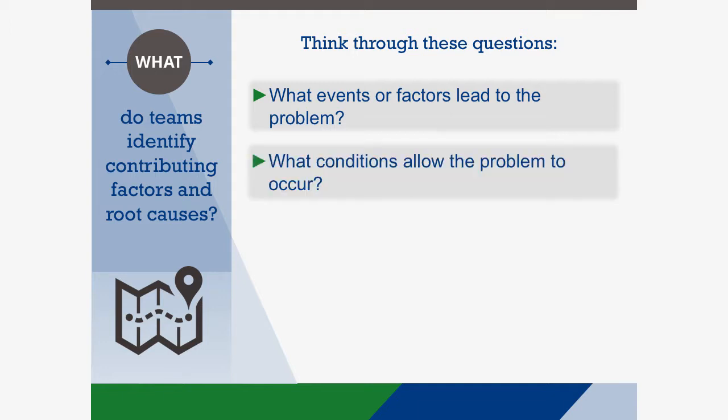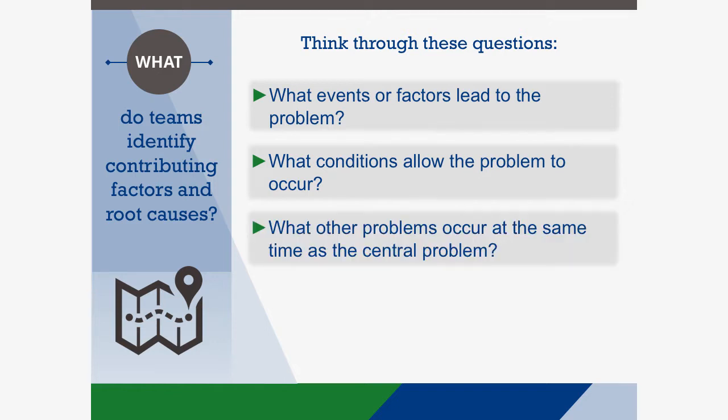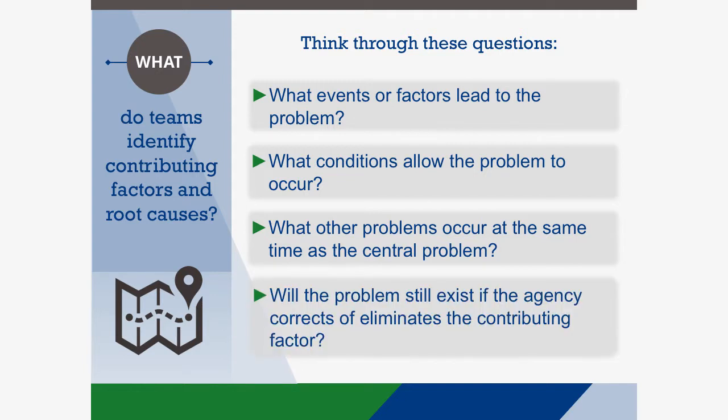What conditions allow the problem to occur? What other problems occur at the same time as the central problem? Will the problem still exist if the agency corrects or eliminates the contributing factor? Answering these questions as a team can help to understand how to address the factors and root causes of the problem.